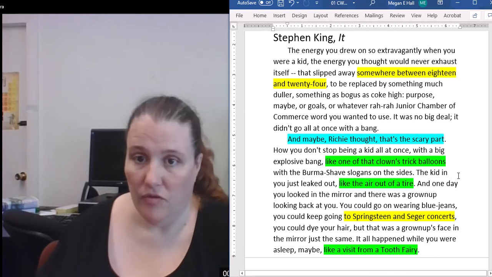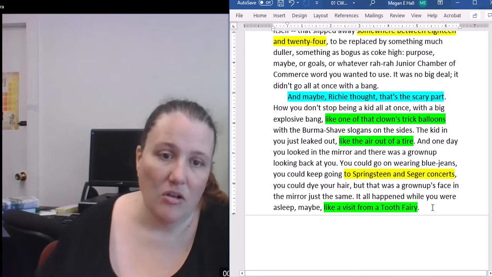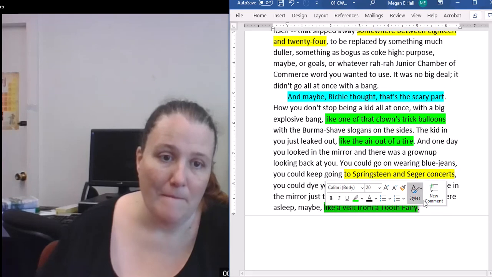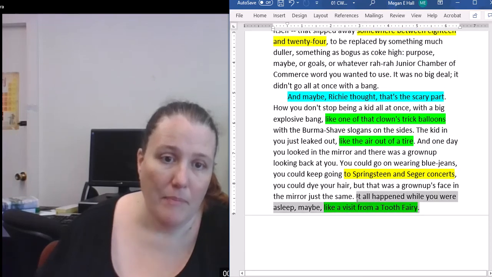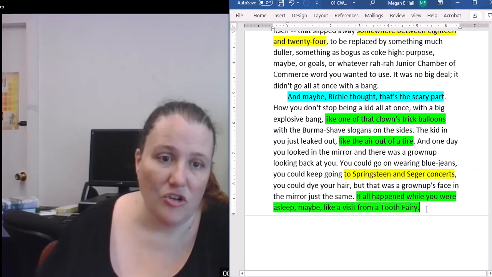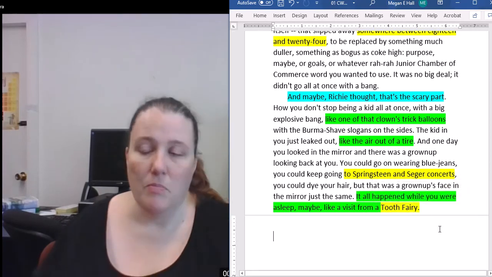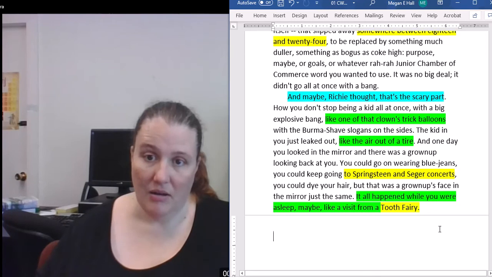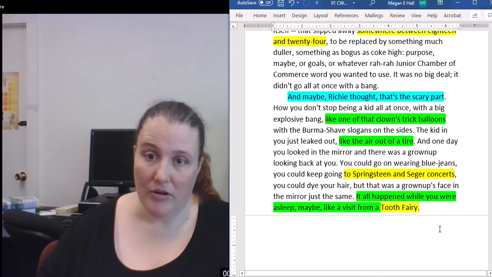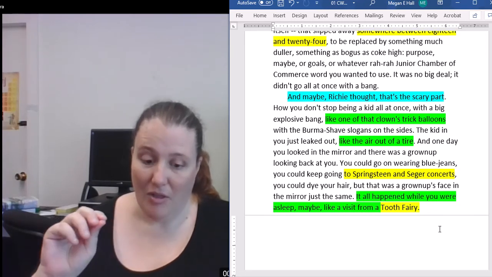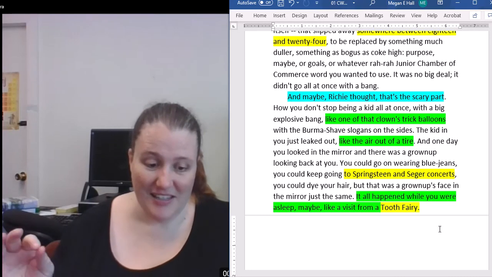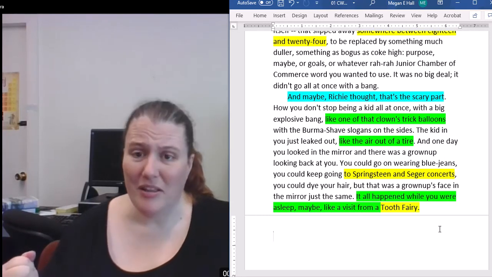And what I also find interesting is that this final comparison to a tooth fairy, it all happened while you were asleep. There's a magical being here. There's a magical being coming in and visiting a child in their house while they're asleep. Now, on the one hand, it does seem nostalgic, like, oh, remember when you believed in the tooth fairy?